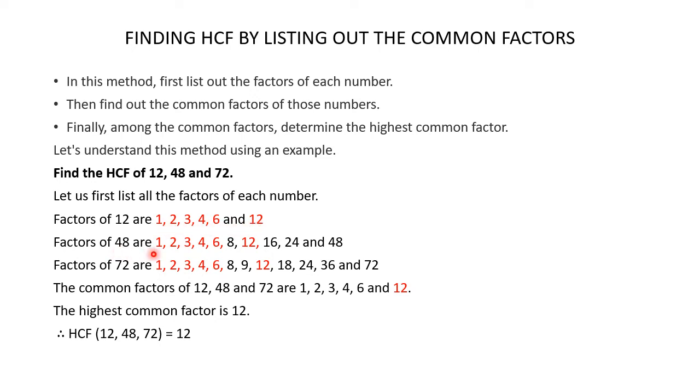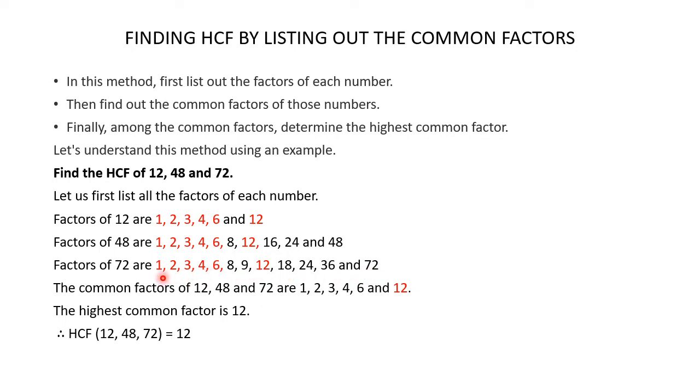Now factors of 48 are 1, 2, 3, 4, 6, 8, 12, 16, 24 and 48. These numbers divide 48 completely without leaving any remainder. So these are the factors of 48. Next factors of 72 are 1, 2, 3, 4, 6, 8, 9, 12, 18, 24, 36 and 72.